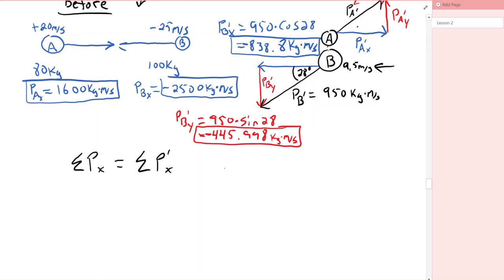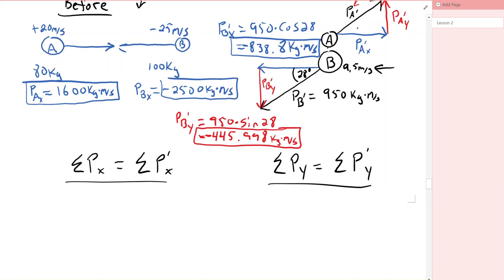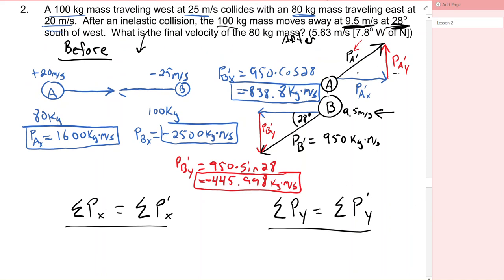So maybe I'll even start out the y on this side. So sum of the momentums in the y are going to be equal to the sum of the momentums after in the y. Right? And what this is going to help us figure out is this and this for each of these, right? I'm using the x one to find the x one, and I'm using the y one to find the y one. That's what we're after here.